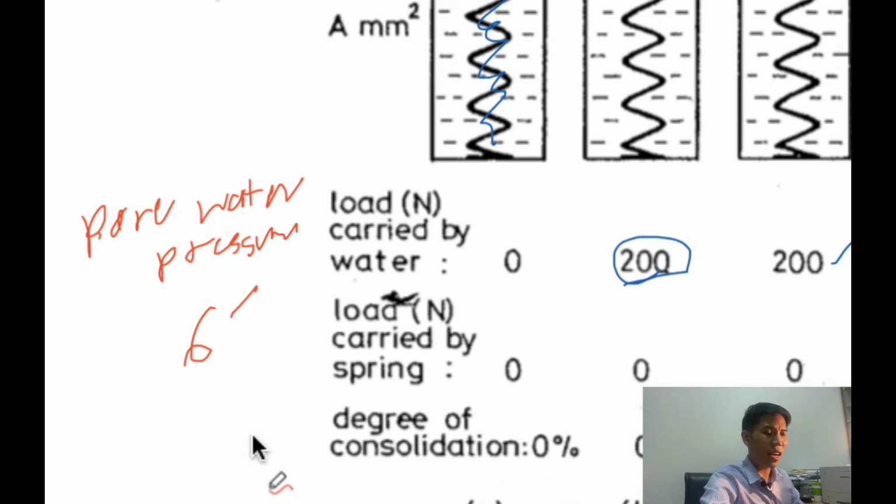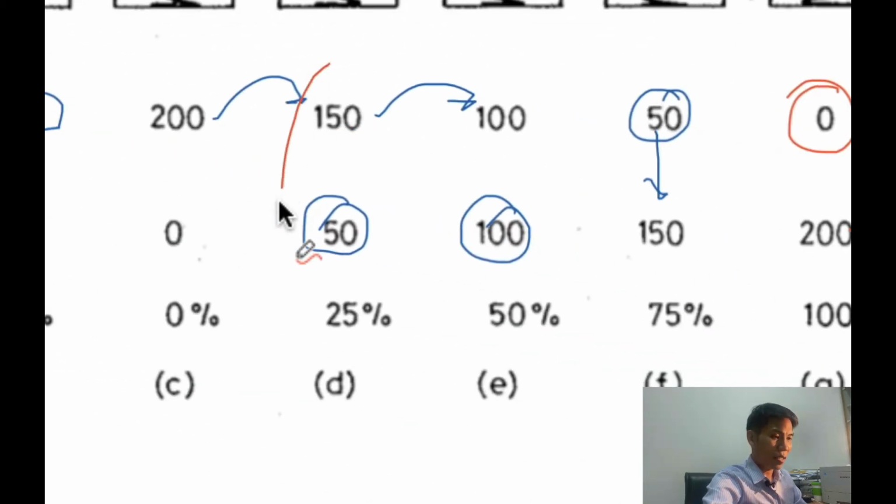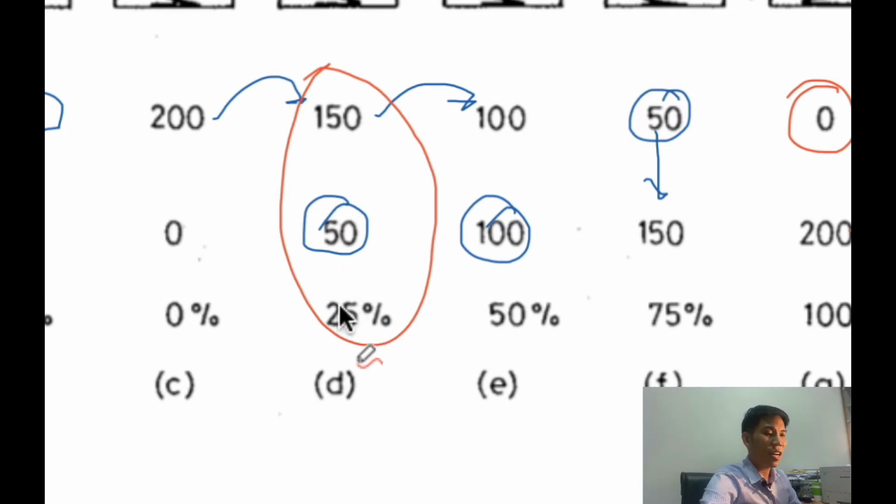And the last feature of this one is the so-called degree of consolidation. Degree of consolidation is something like this. For this case, the load carried by the spring is about 50 and the load carried by the water is about 150.